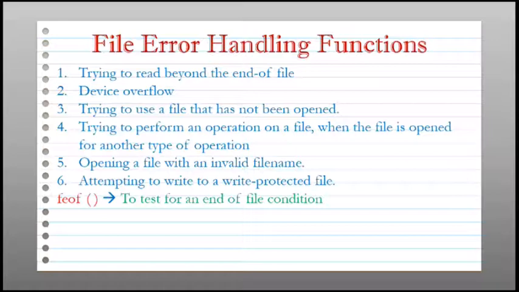If we are using the feof function, it will show that your file content is over. If the condition is true, it will return 1. If the condition is false, it will return 0. This is the syntax: in brackets, fp, that is the file pointer, which gives the address of the opened file.